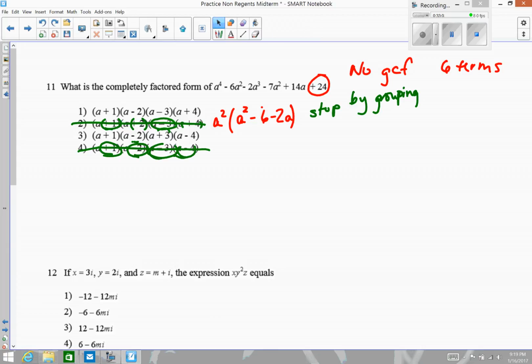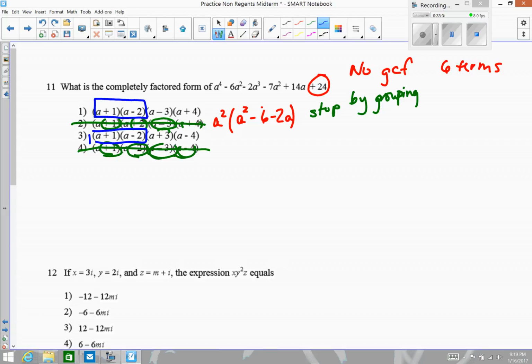Alright, if I look at these, both have factors of a plus 1, and both have factors of a minus 2. The difference is in the a plus 3 versus a minus 3, and the a plus 4 versus the a minus 4. So because they have these two common factors, I can assume that these parts are correct.